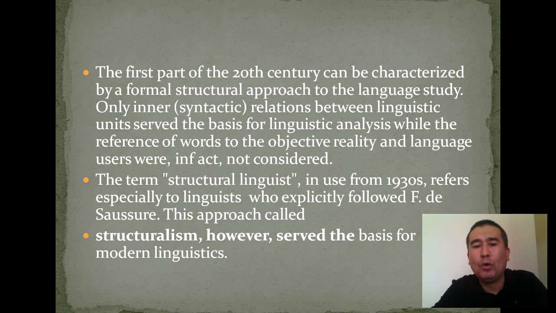This approach, called structuralism, however, served as the basis for modern linguistics. We talked about Ferdinand de Saussure in our previous seminars about fundamentals of theoretical grammar, and at that time I talked about structuralism, the founders of structuralism, descriptivism, and so on.